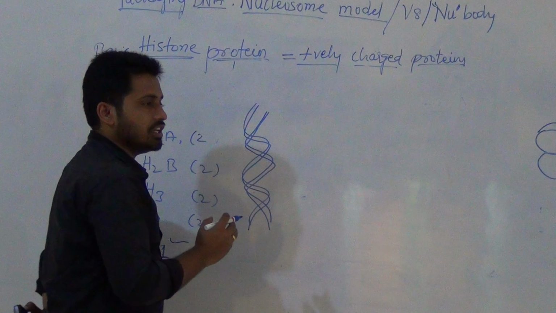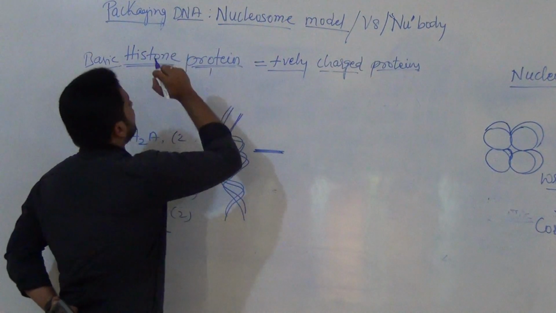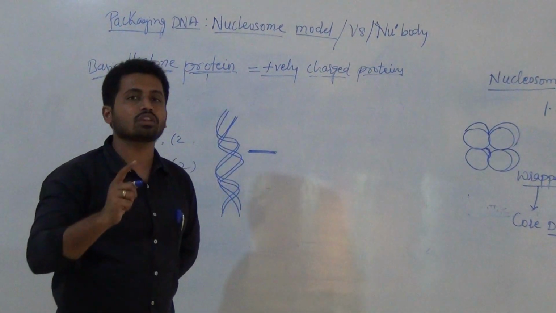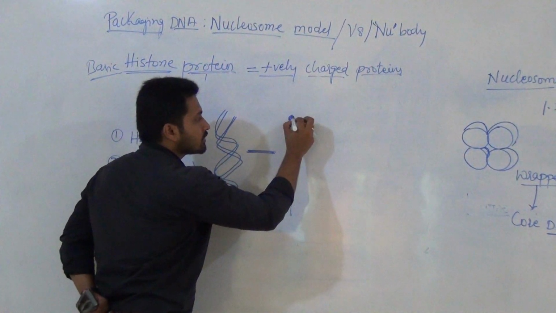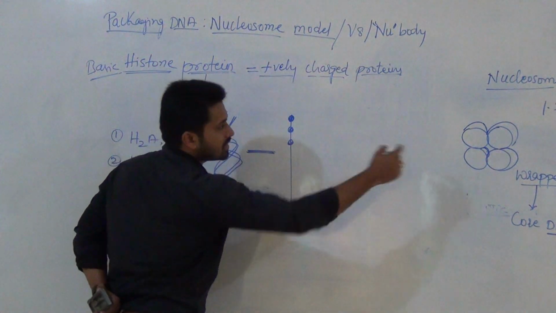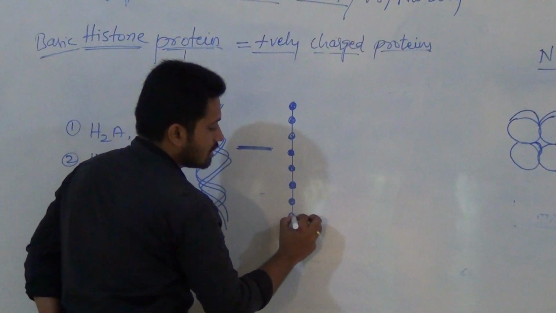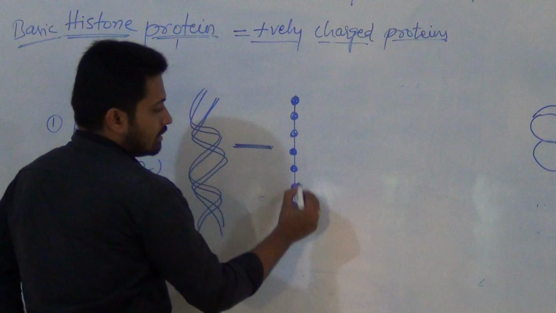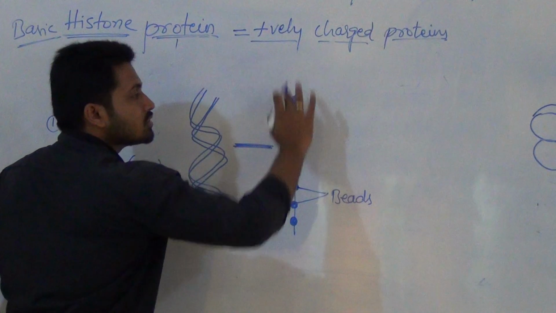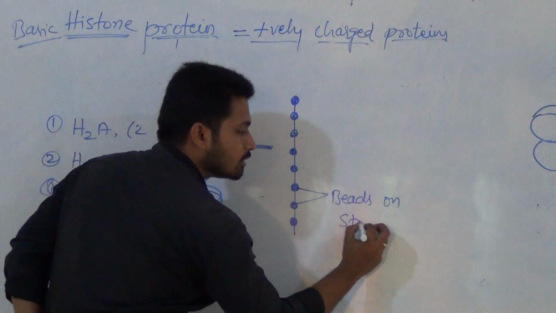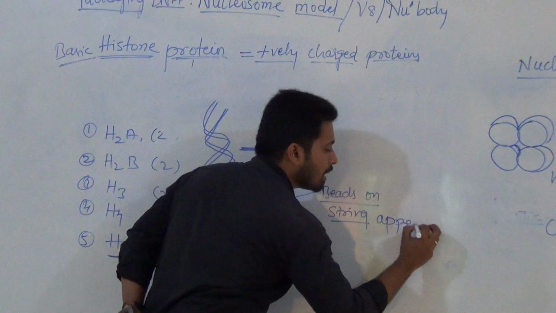When it binds, I told you, which scientist first? Olins. First showed that there are some thickenings. Those thickenings are nothing but these structures, the simple structure which we discussed just before. These are nothing but beads. This straight line with beads is called beads on string appearance.